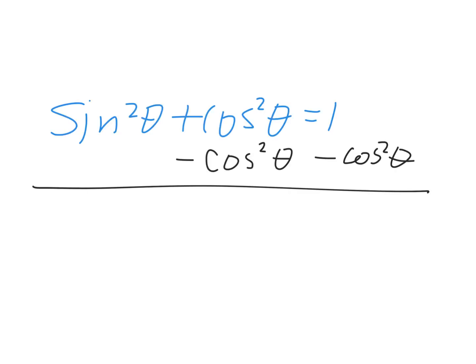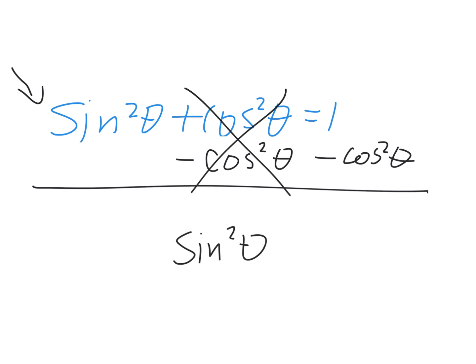If we made a sheet that had every possible identity rearranged, your sheet would be monstrous. So this is what you have to be able to do: take these facts, like the blue thing I wrote, which is on the sheet, and say, well, if I subtract cosine squared from both sides, then I'll have sine squared equals 1 minus cosine squared.